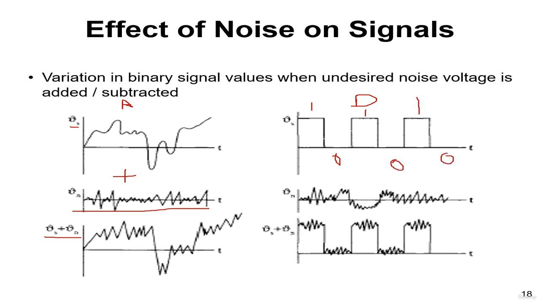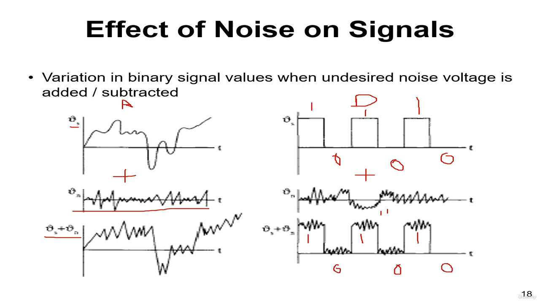This is the information encoded onto this wave. This is the noise which interferes with it, and this is our resultant signal. Once our digital signal and the noise are added, we get this resultant signal. If you take a look at this, you can still make out this is a 1, this is a 0, this is a 1, this is a 0, this is a 1, this is a 0.